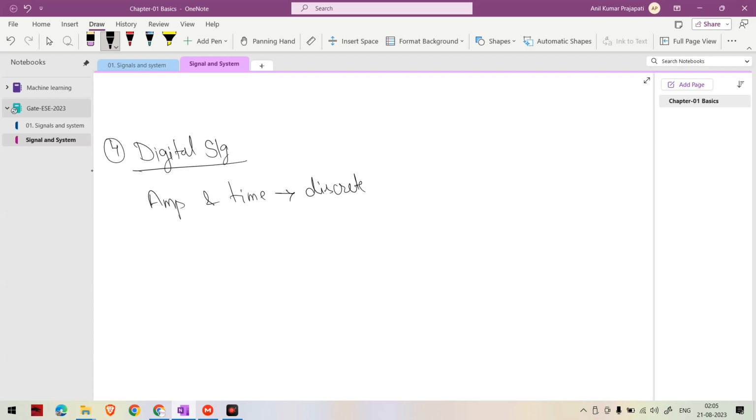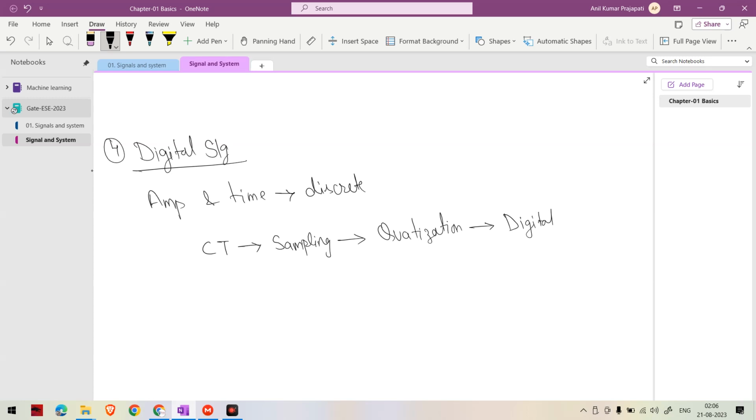So how can we achieve this? First, we have a continuous time signal. We do sampling, then we do quantization, then we will get our digital signal.